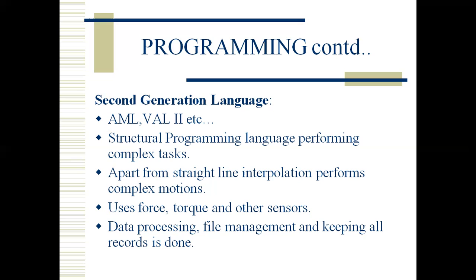And apart from the straight line, interpolation performs complex motions also, just as we have discussed circular interpolation and sinusoidal spline kinds of situations. These are some of the examples.